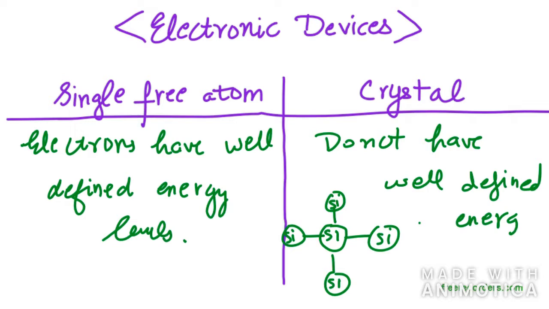If they don't have well-defined energy, they form two bands: one is the valence band and another is the conduction band.